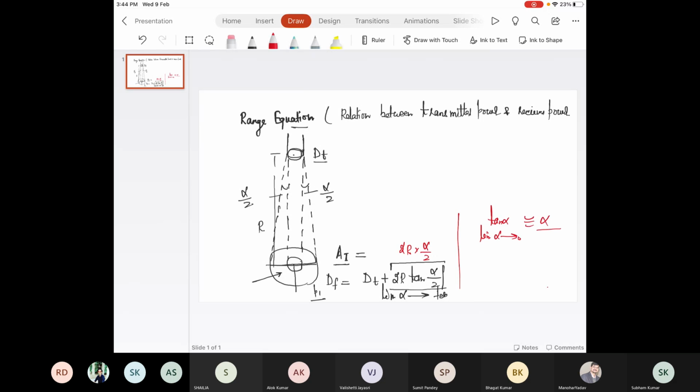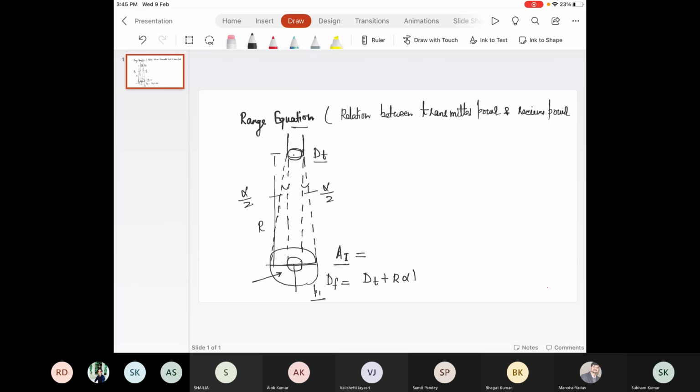So the 2 will cancel out, and finally it is replaced by R alpha.